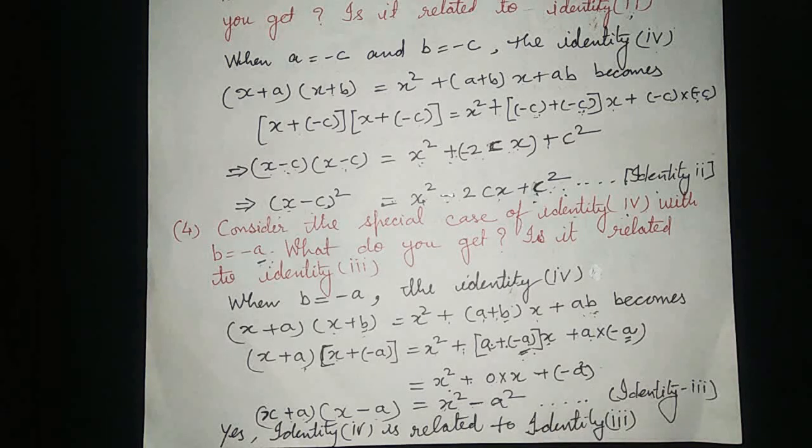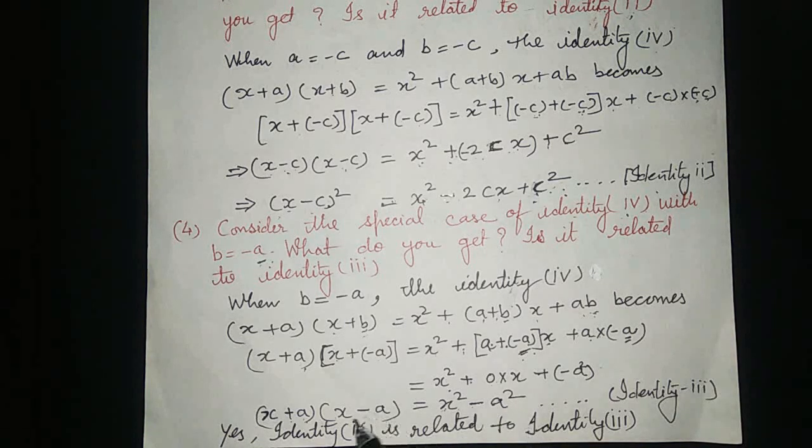Now in the next step here x plus a into x minus a is equals to this x square we will write. Here 0 will come, which is no need to write, and here plus minus we will multiply, we will get here minus, and this a square we will write.